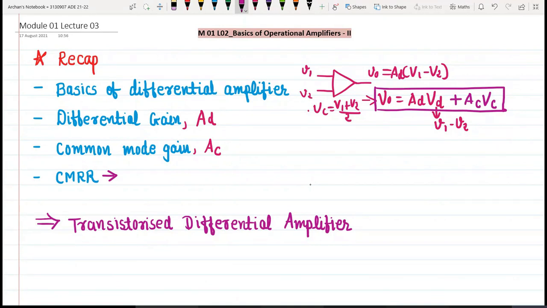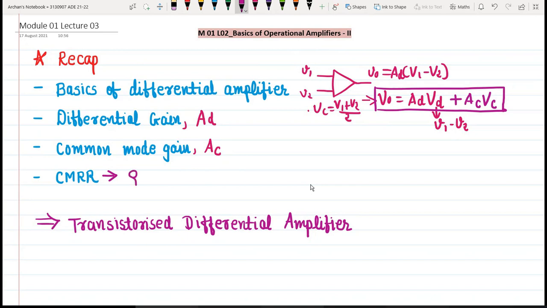Many disturbance and noise signals appear as a common input signal to both input terminals, and such a common signal should be rejected by the differential amplifier. The ability of a differential amplifier to reject a common mode signal is expressed by the common mode rejection ratio, denoted by CMRR.